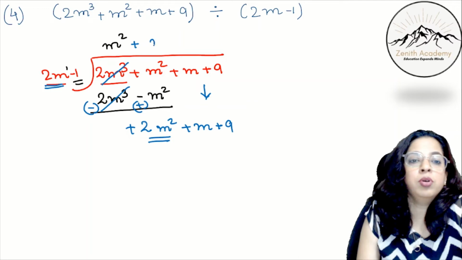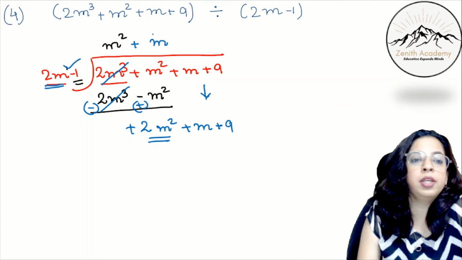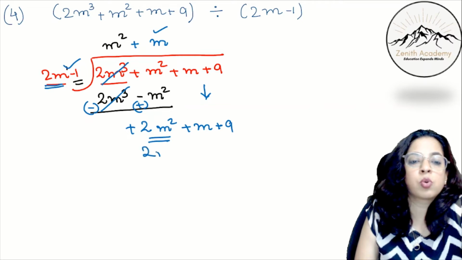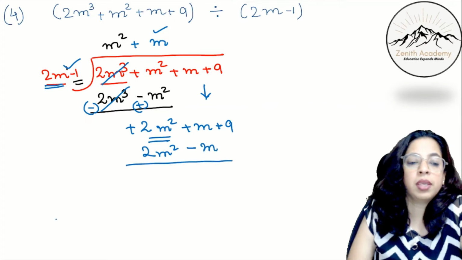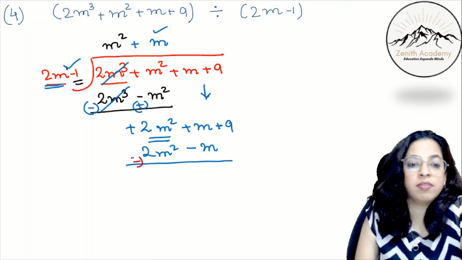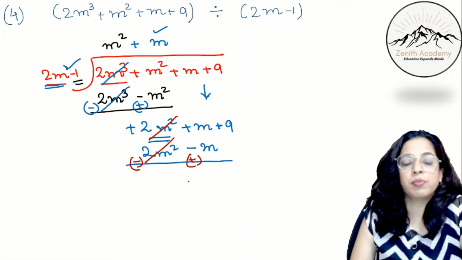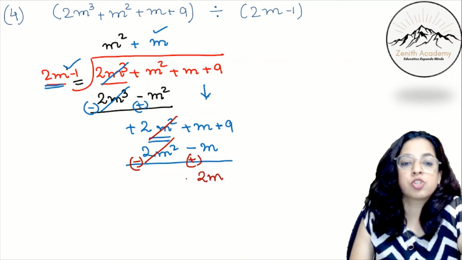So put a plus sign here and 2m into m is equal to 2m square. But minus 1 into m is minus m. Okay. Now change the sign, this becomes negative, this becomes positive. So positive and negative 2m square gets cancelled, plus m becomes plus 2m and plus 9 is copied down.